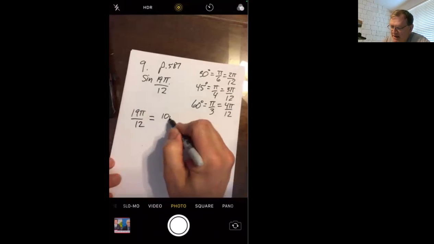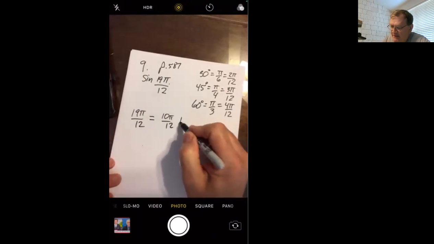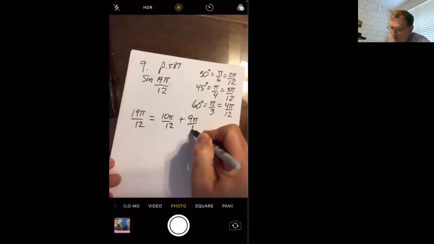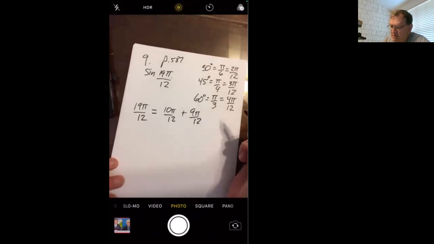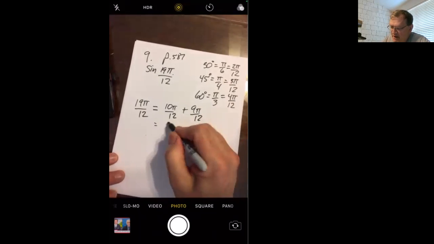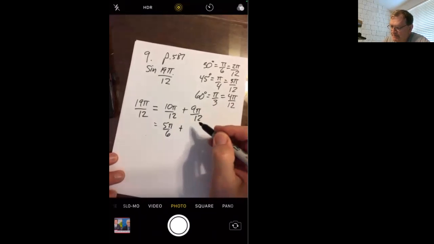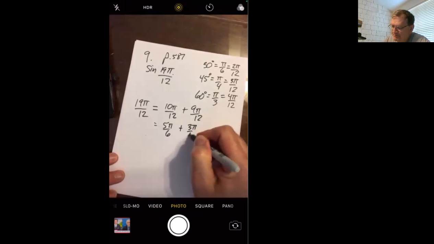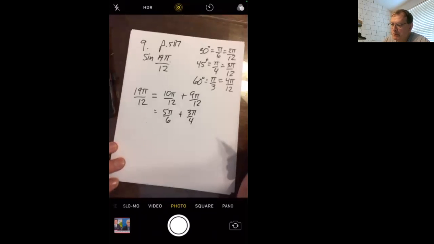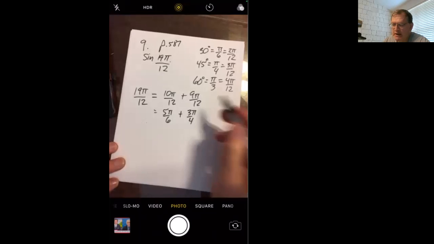How about 10 pi over 12 add 9 pi over 12? All right. Well, that would be 5 pi over 6. That's a circle value, and 9 pi over 12 reduces to 3 pi over 4. 4 times 3 is 12. Yeah.